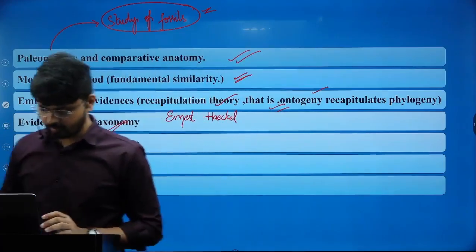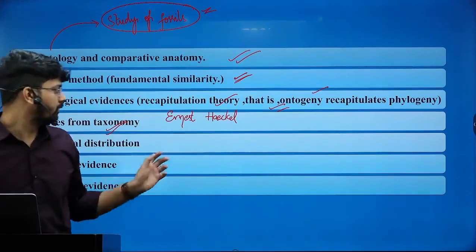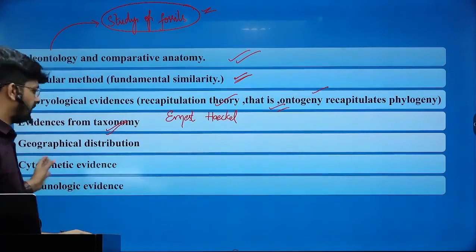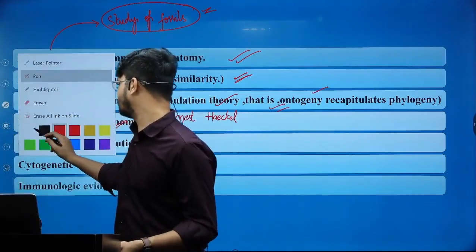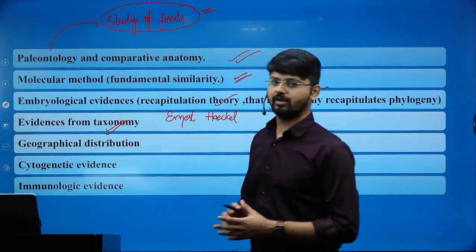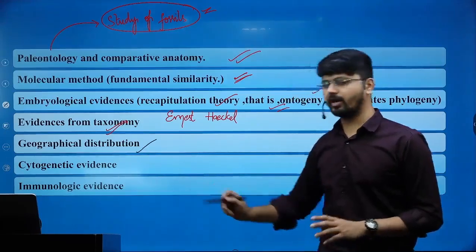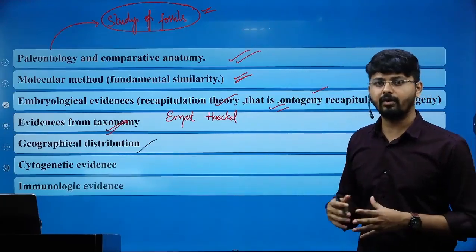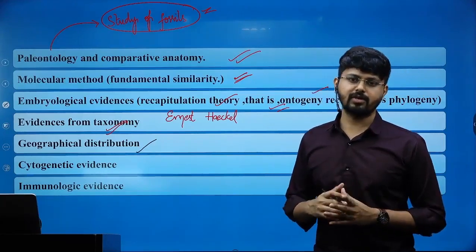If you want, you can note down regarding these things, but you don't need to know them in greater detail. Just understand where the evidences are coming from. Through geographical distribution you can see what kind of species are present where and how there is a difference between them.